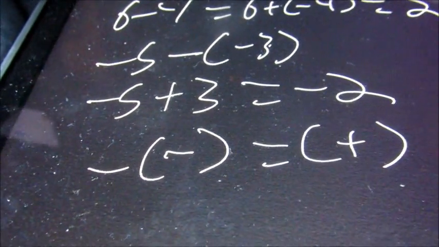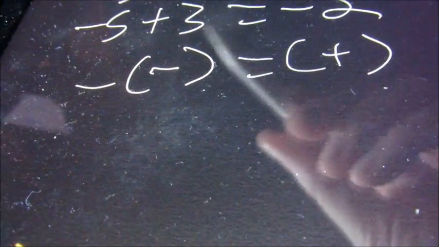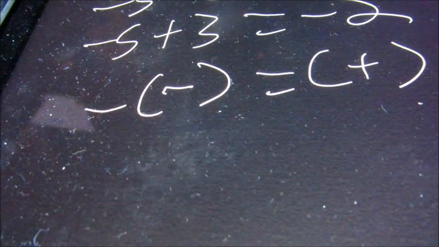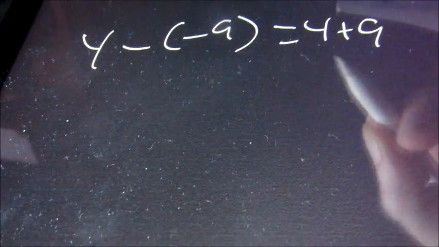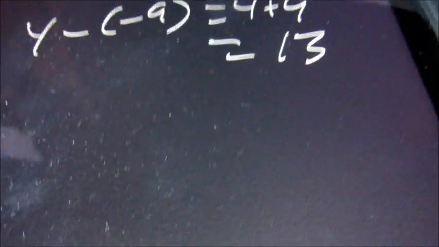So if you remember it that way, negative, parenthesis, negative, it just becomes a plus, and get rid of all the negative signs. That's the easiest way to look at it. So let's say we have 4 minus negative 9. Negative times negative becomes positive, so this becomes 4 plus 9. What we did was we added the opposite of negative 9, and we get 13.